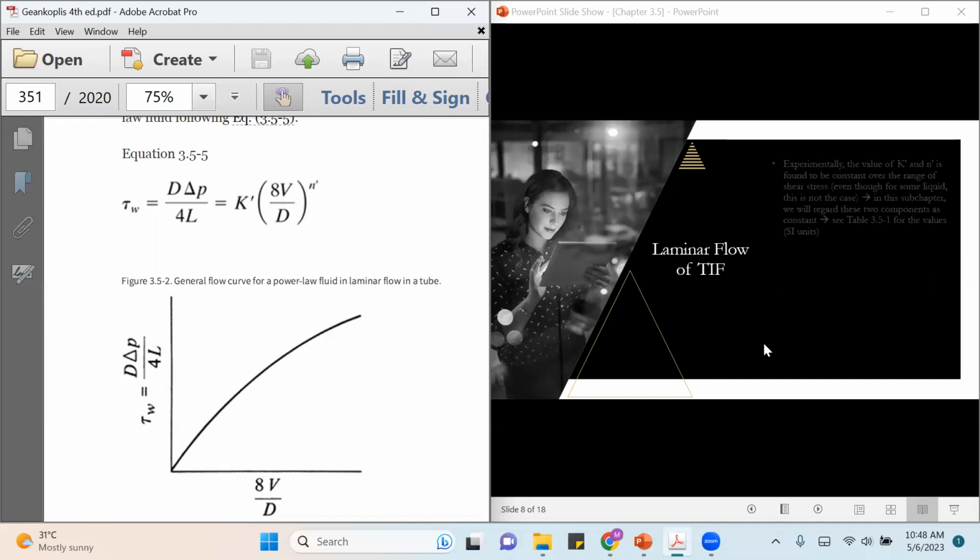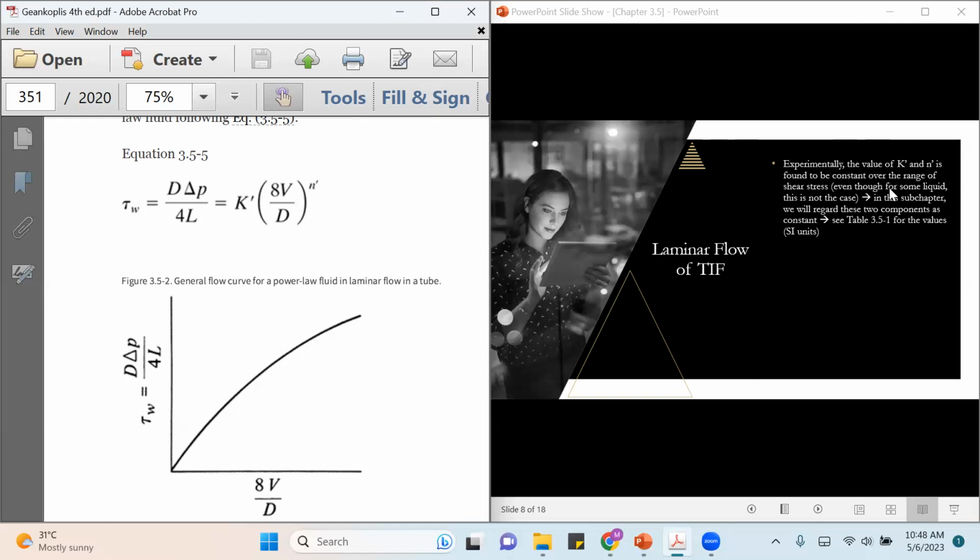For non-Newtonian fluid, the values of K' and n' are found to be constant over the range of shear stress.